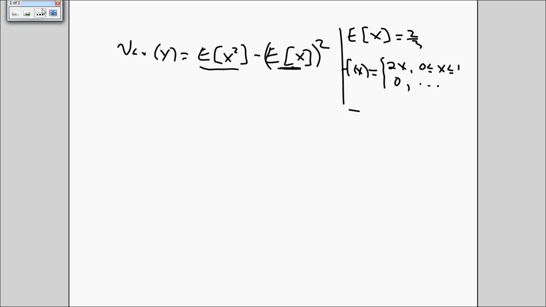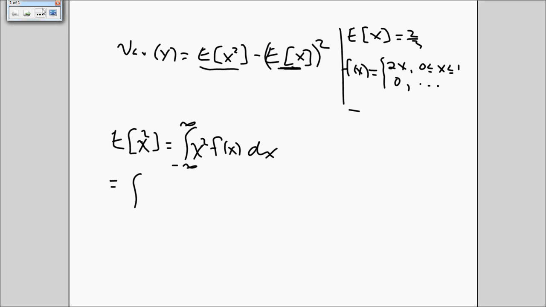That's our 2/3. So we need to find E of X squared. E of anything is the integral from negative infinity to infinity of the anything times the f of x dx. And our anything happens to be x squared.